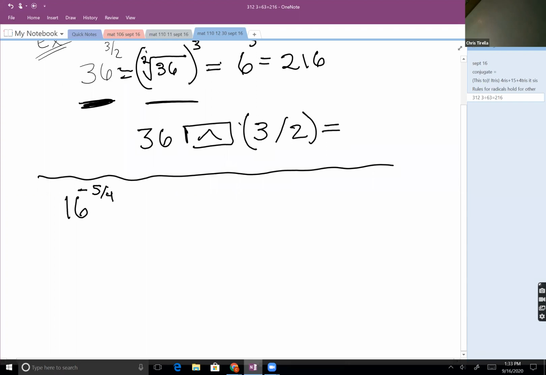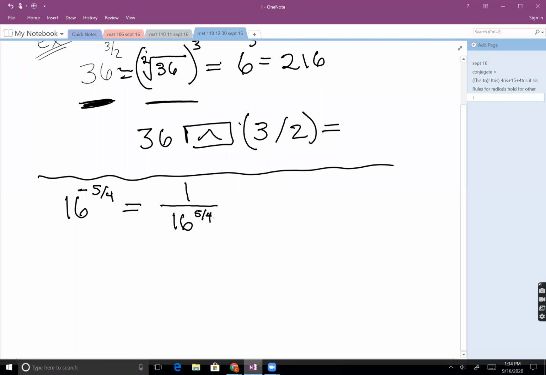There's a negative this time. And what does a negative exponent tell me I have? A fraction. And that'll be 1/16 to the positive 5/4. Negative exponents mean fractions.